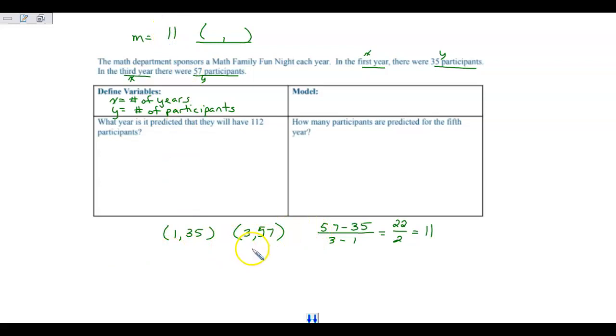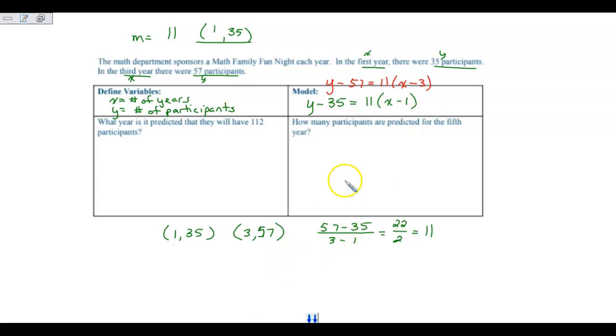It doesn't matter which one. So let's say I use the first one. So my equation is going to be y minus 35 equals 11 times x minus 1. If I use the other ordered pair, I would have had y minus 57 equals 11 times x minus 3.